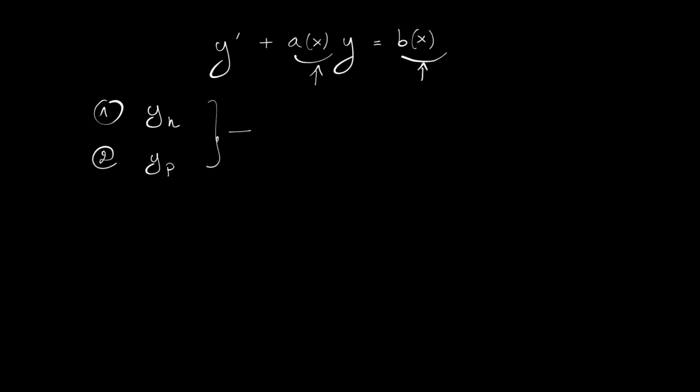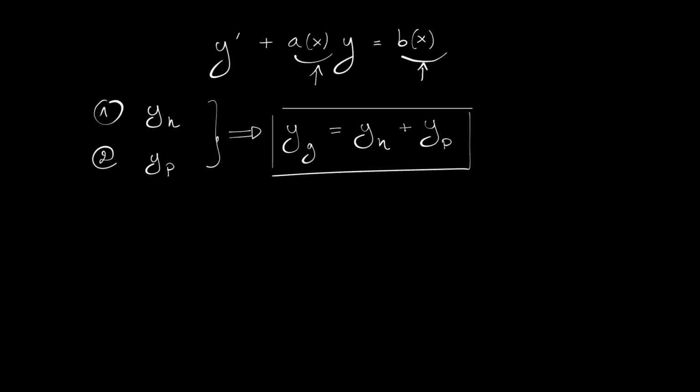Then we sum them to obtain the general solution of the equation, which is YH, the homogeneous solution, plus the particular solution. Now we are going to see how to find the homogeneous solution and the particular solution.